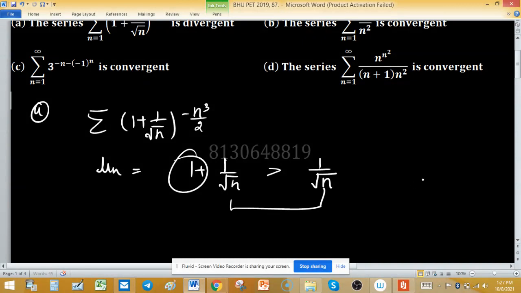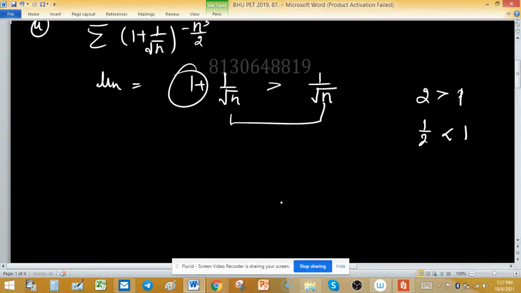It's a reciprocal: if 2 is greater than 1, then 1 upon 2 is less than 1. Means a reciprocal can change the sign of the inequality.